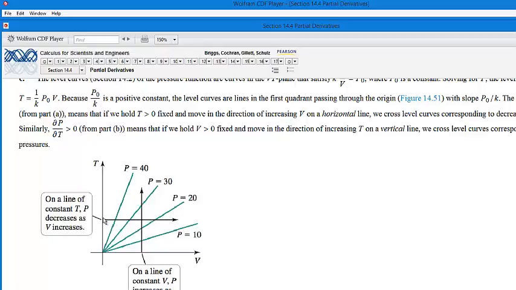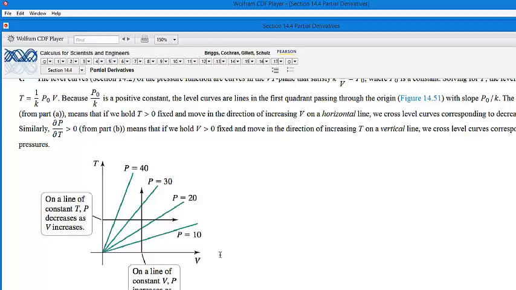As I increase the volume, pressure goes to 40, then down to 30, then down to 20, then eventually down to 10. Does that make sense? What happens if I decrease the volume? Then I'm building up the pressure. That's why a balloon will pop if I squeeze it enough.